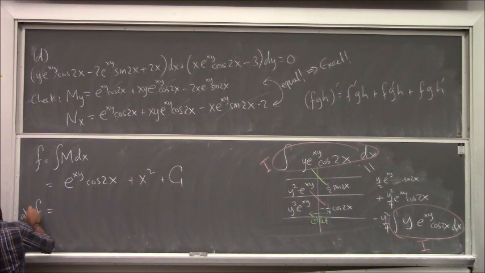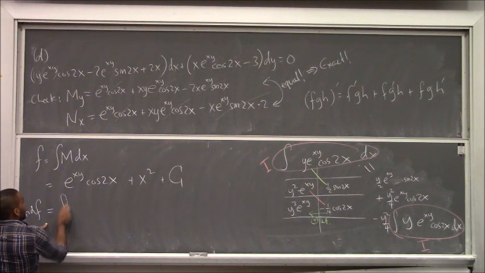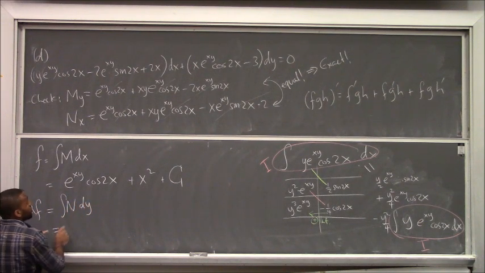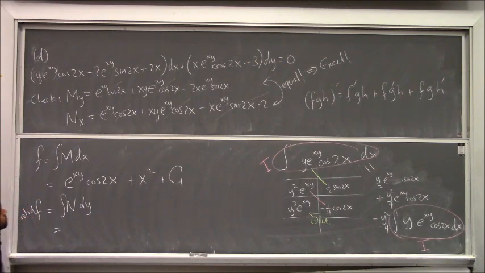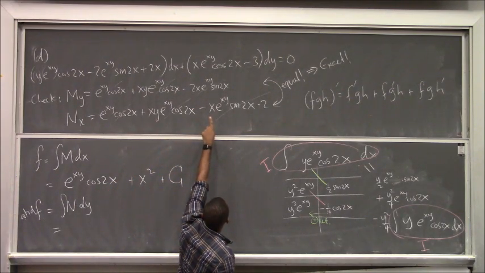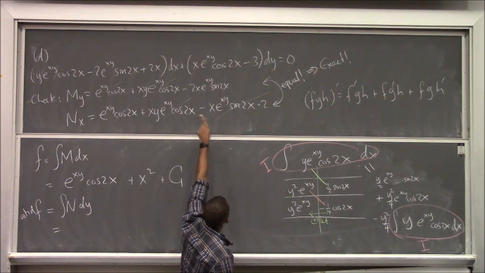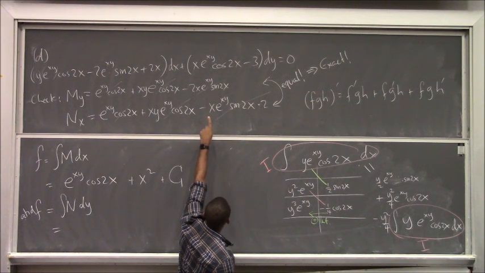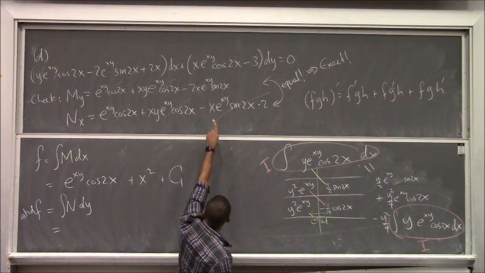Also, if you look at the integral of n with respect to y, here we would get what? With respect to y, that's easier because the only function of y here is the e to the xy. So the x and the cosine 2x, we look at as constants, and I'm simply going to integrate the e to the xy.